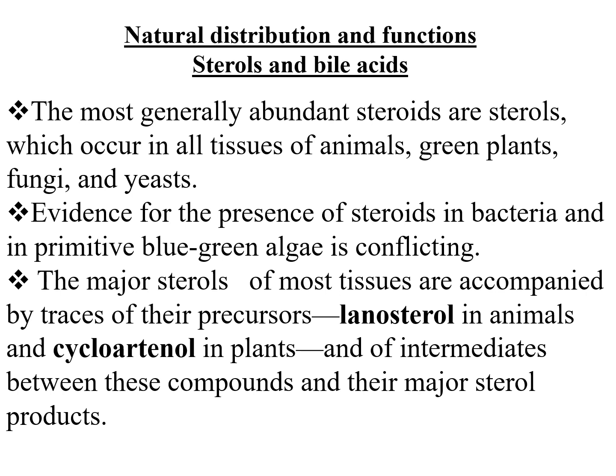Evidence for the presence of steroids in bacteria and in primitive blue-green algae is conflicting. The major sterols of most tissues are accompanied by traces of their precursors, lanosterol in animals and cycloartenol in plants, and of an intermediate between this compound and their major sterol products.